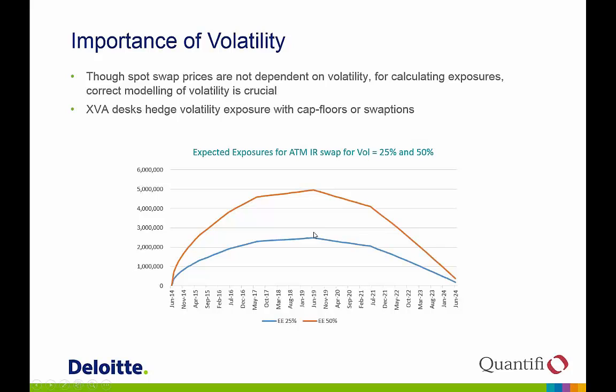To calibrate this volatility, you can use historical movements of rates or other market factors, but probably the best is to use market quotes for swaptions or for cap floors, that's for interest rates, because that will allow you to hedge this volatility exposure, and that's what XVA desks are doing.